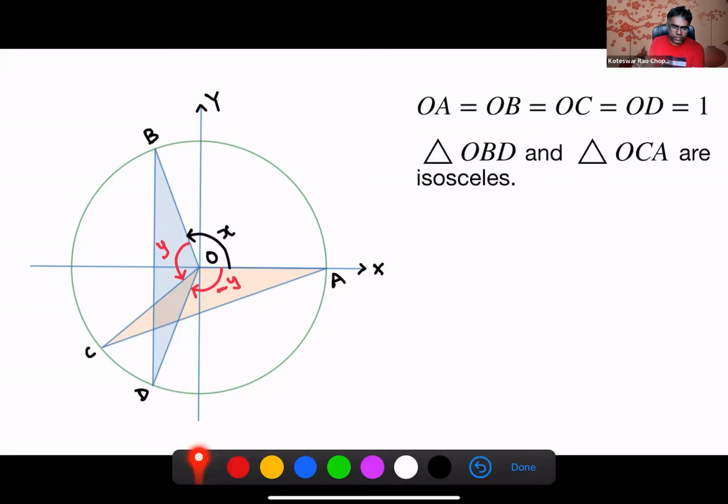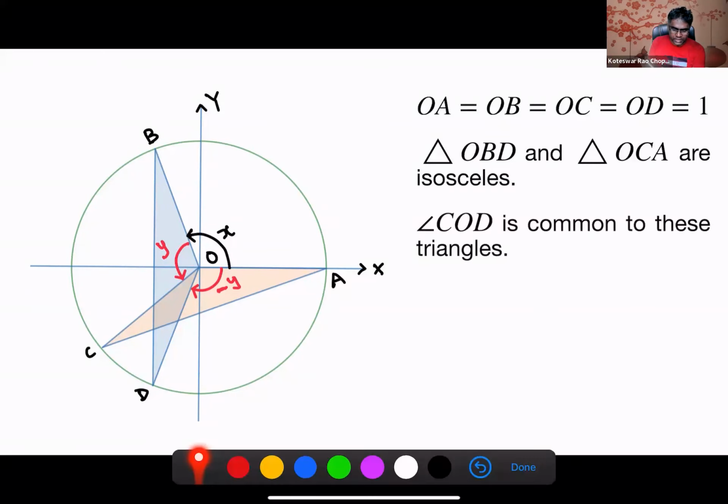Now, observe the 2 triangles I have drawn here, triangle OBD and triangle OCA. Pay attention to these 2 triangles. Two sides are already equal. OB and OD are equal, and OC and OA are equal.